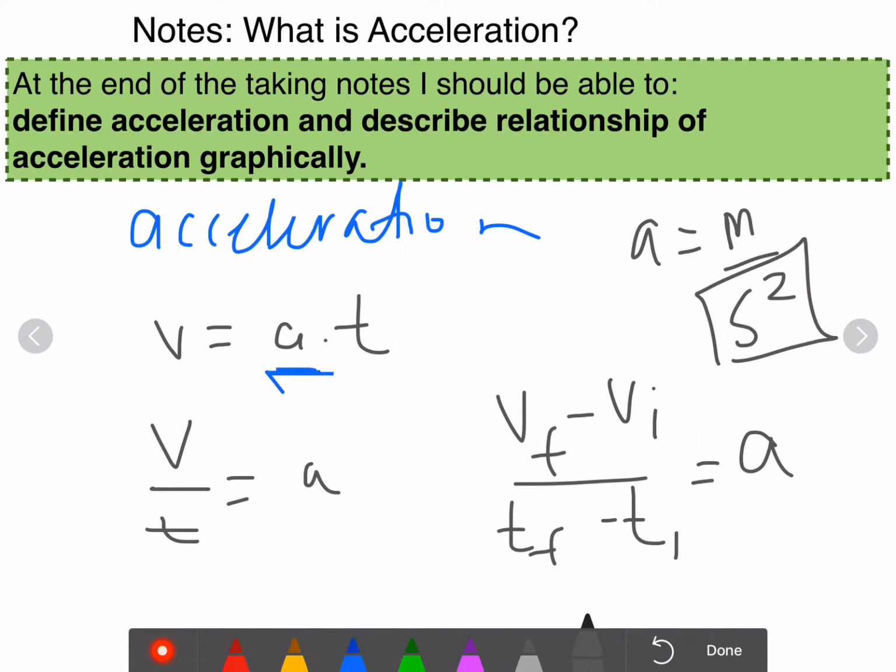That squared is huge. The squared comes from going back to this equation: m over s divided by s. So these two s's end up becoming m over s squared mathematically. So you know it's acceleration if you end up having this squared here, which is important.